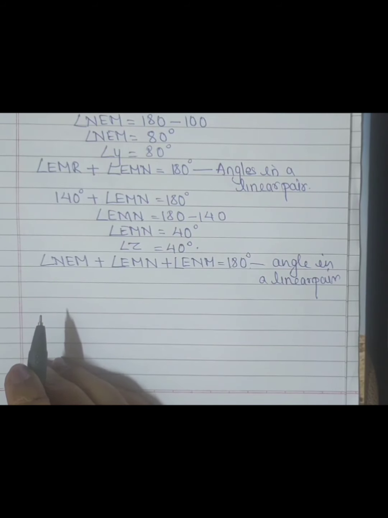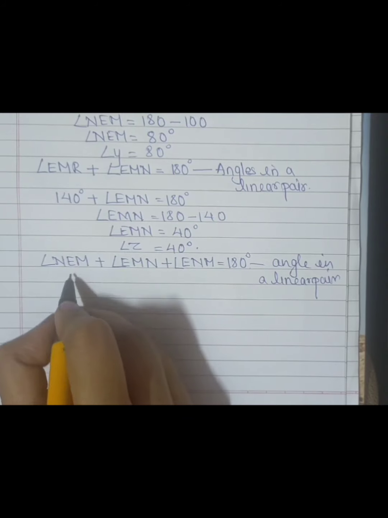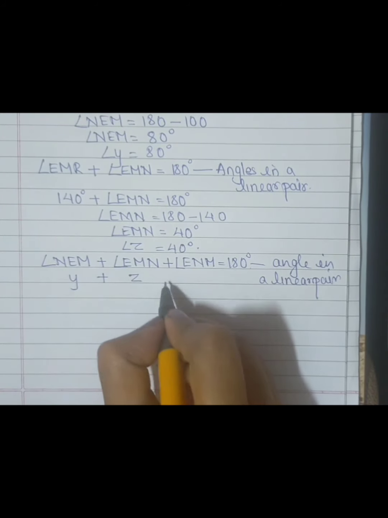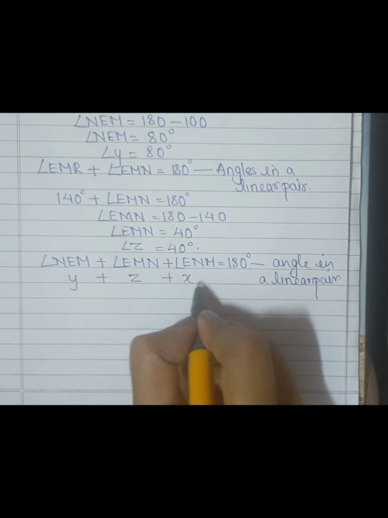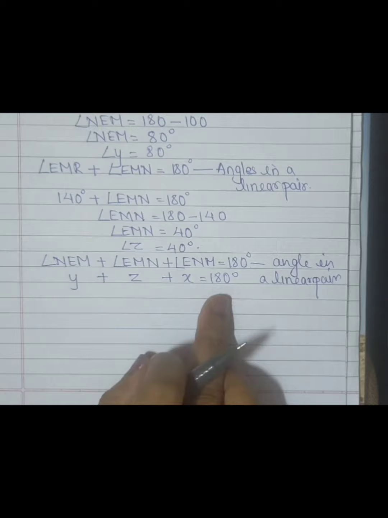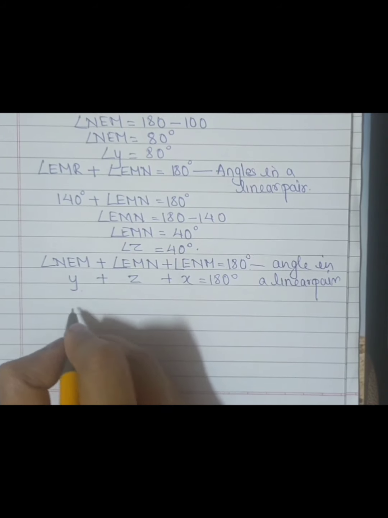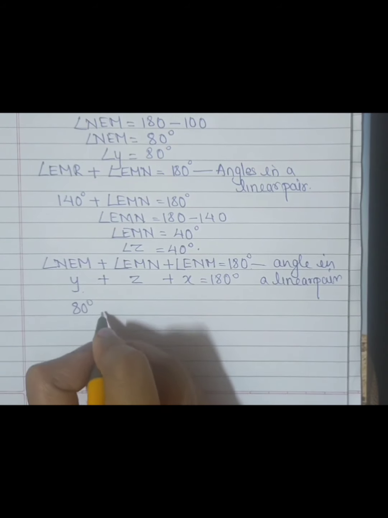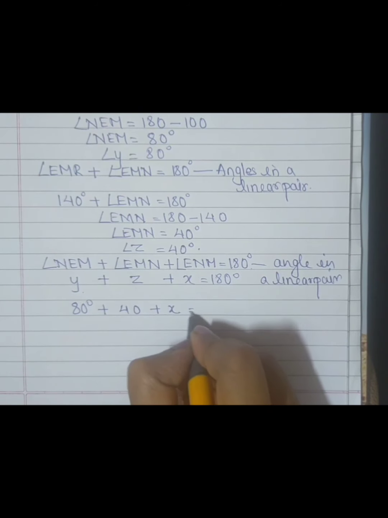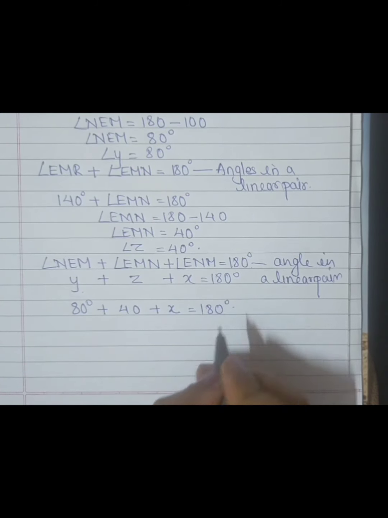So here we got y plus z plus x is equal to 180. The value of y we got already, that is 80 degree, plus 40 plus x equal to 180 degree.